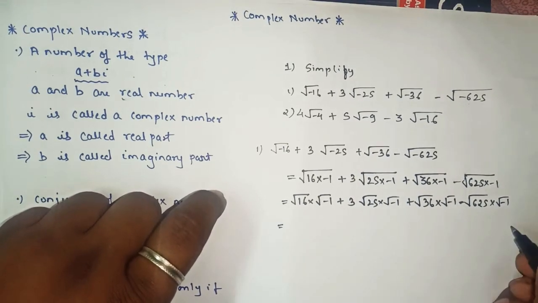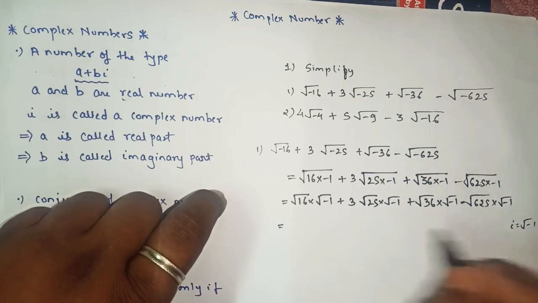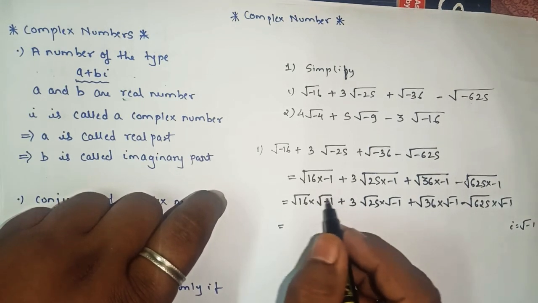So here we know that the value of i is what? Root minus 1. So we can replace root minus 1 as i.